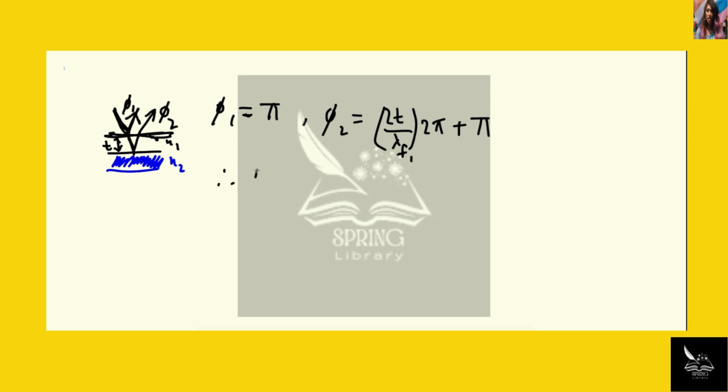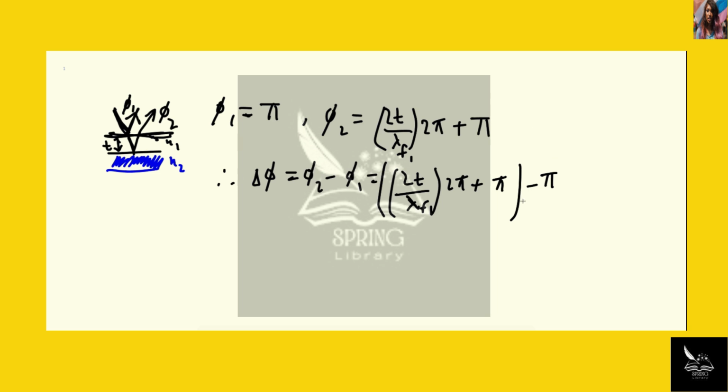And so therefore the net phase change is phi2 minus phi1, and so that's 2t over lambda_f1 times 2 pi plus pi, and that whole thing will be subtracted from pi. And so this is delta phi, and actually, let's call this lambda_f, and not make it more confusing than it has to be.